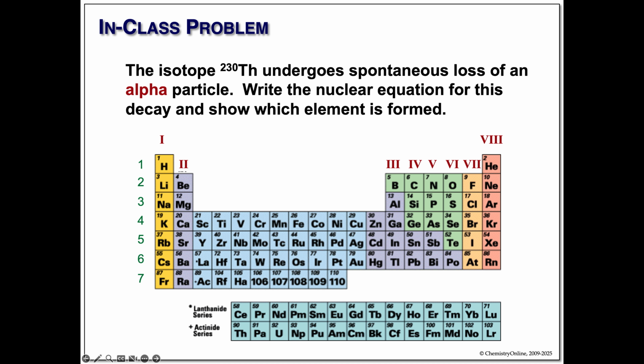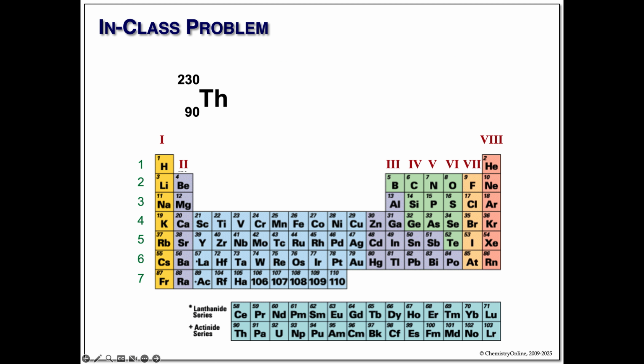Let's do a quick problem. If we have thorium-230, it will lose an alpha particle. Let's write the nuclear equation and show what we made. All right, here's our thorium. It's going to lose the alpha. 90 minus 2 is going to give us 88. So we're starting here at thorium.